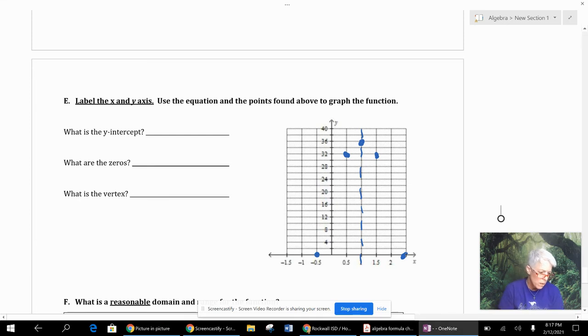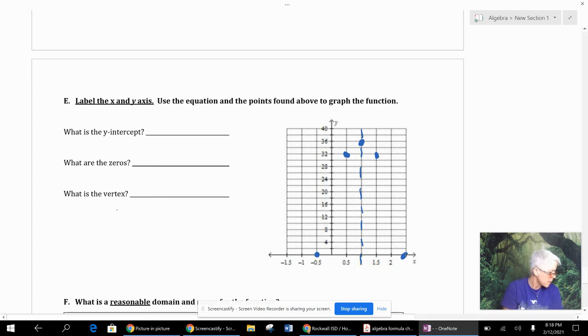Now the, let's see. So the y-intercept is where x is 0, and I feel like we figured that out a little while ago, where x was 0. Did we do that on here? Let me look. X is 0. No, we don't have that on here at all. So we can figure that out. What is the y-intercept?